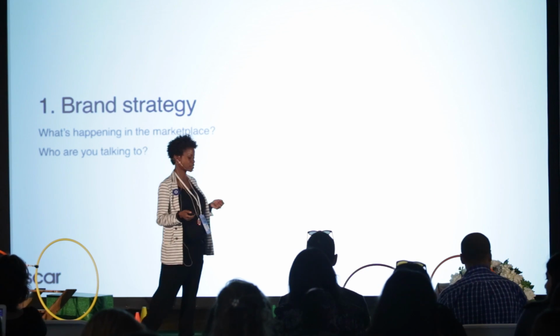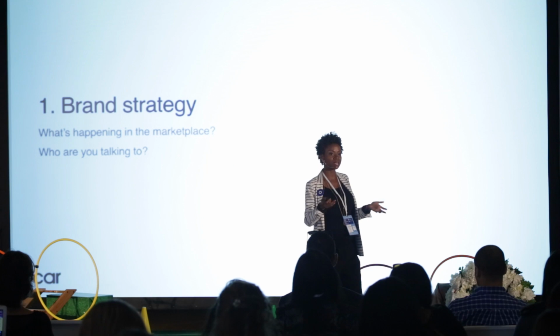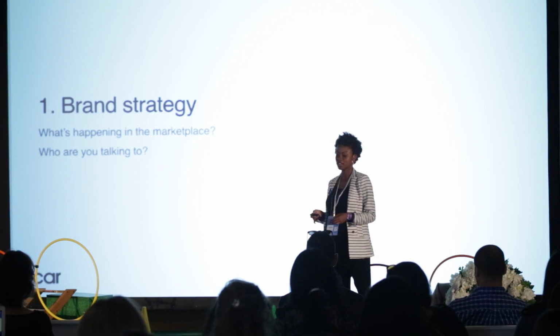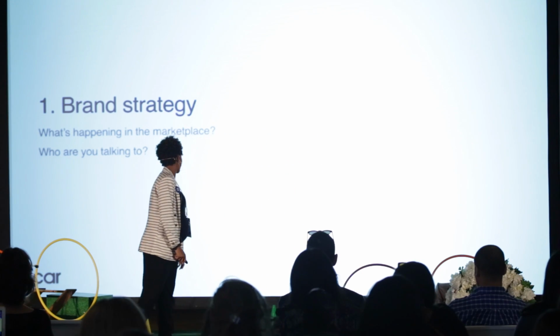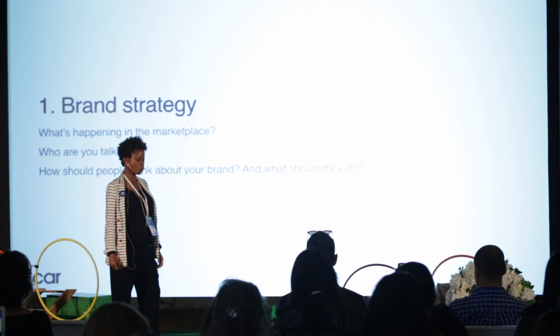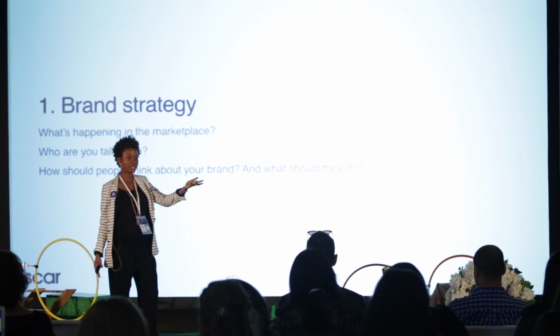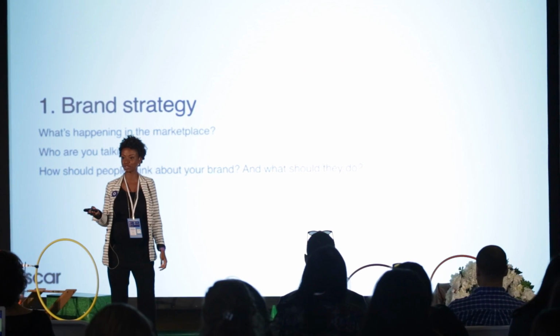The next piece is thinking about who you're talking to. Your consumer is the most important entity in that whole story, and so keeping them in mind as you're thinking about your strategy is part of the game. And then the next piece is what you want to say to them. So okay, if you're brand A, what are you going to say about brand A that's really relevant to your consumer?